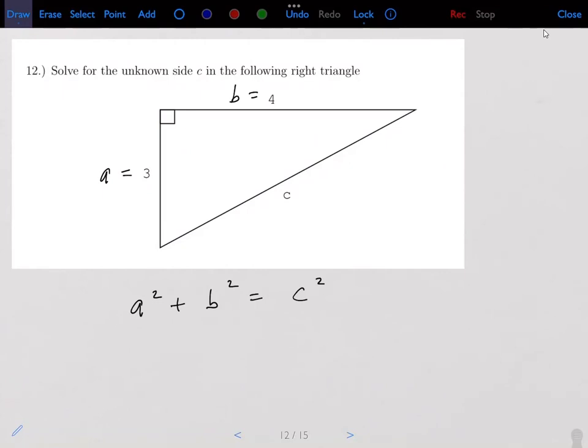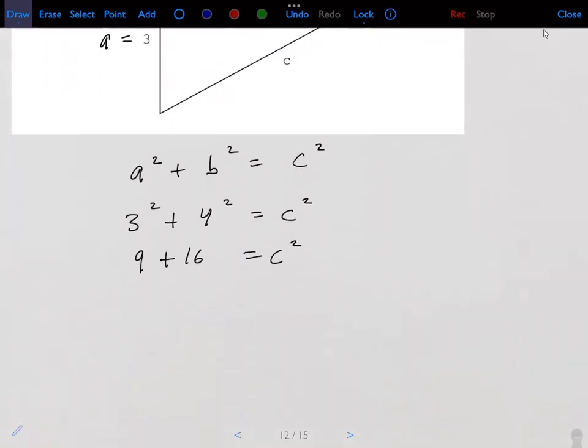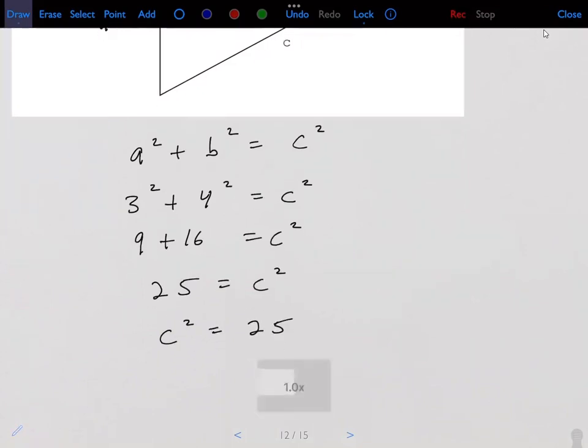So now if I plug in, I have 3 squared plus 4 squared is equal to c squared. So this is going to be 9 plus 16 is equal to c squared. So this is 25 is equal to c squared. Now we rewrite it on the other side, so you have the variable on the left-hand side. And now to get c, I simply take the square root.